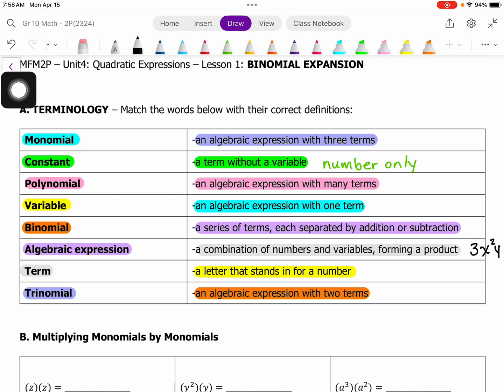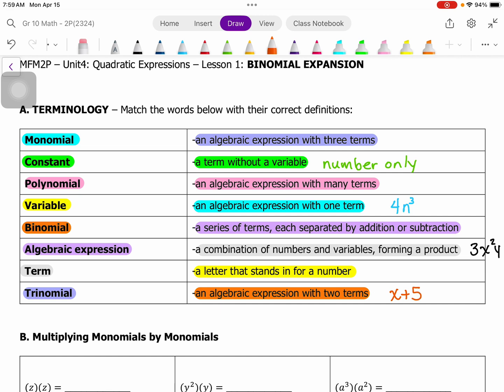So a monomial, we're going to take a look at those right now. A monomial might be something like 4n cubed. So we only have one term there. We don't see any plus or minus. A binomial, this could be something like x plus 5.